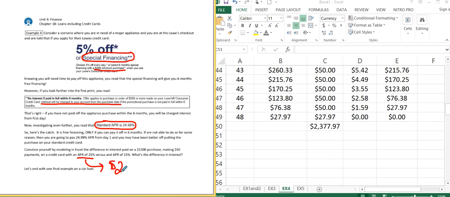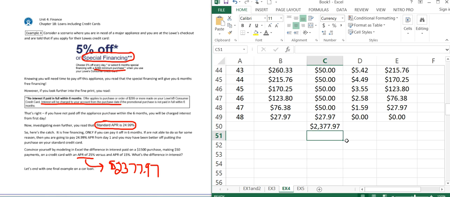So that's going to be my 23, it's a 3, 77.97. Just jot that down here. Sorry, that's sloppy. Let me erase that. Do that again. All right, so this is my 2377.97.